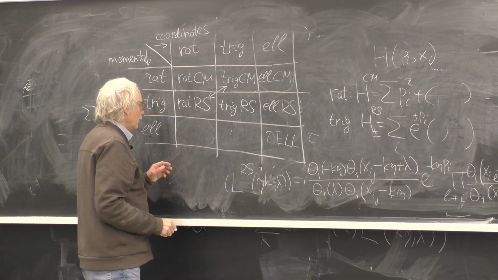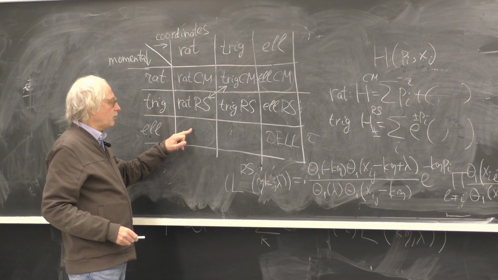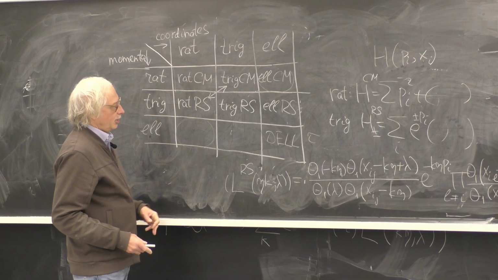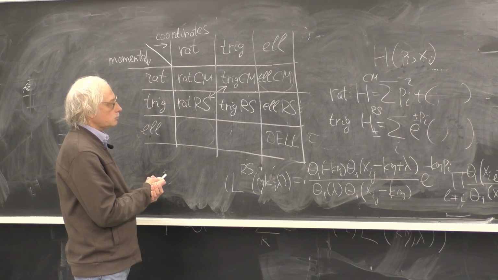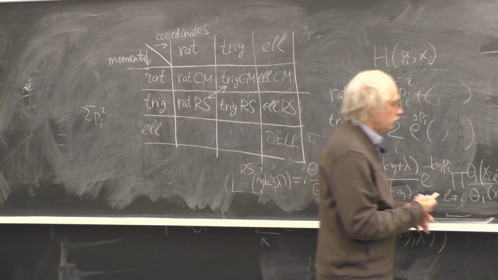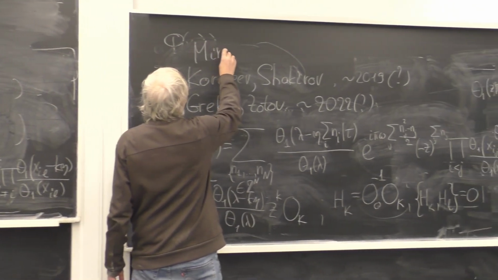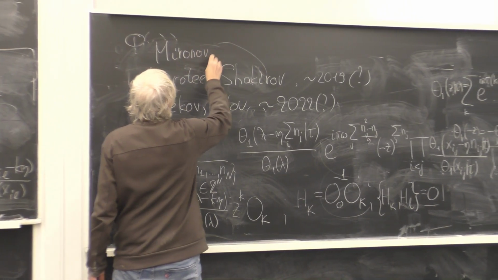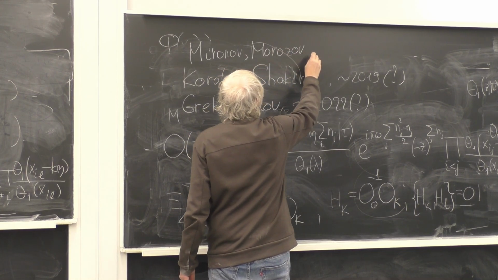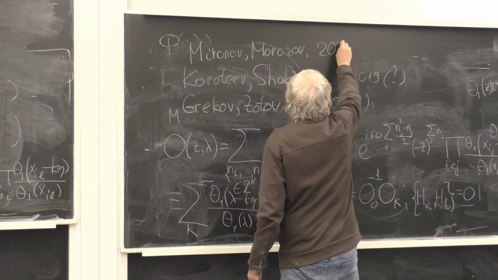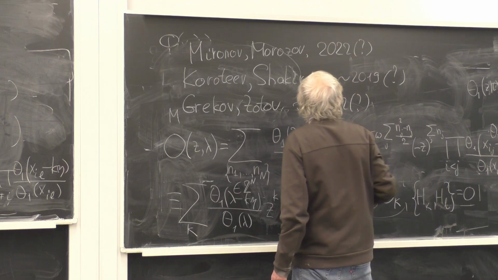These are some models with elliptic dependence on momenta and rational dependence on coordinates. You can find some examples in the paper by Mironov and Morozov, a rather recent paper, I don't remember, maybe 22.